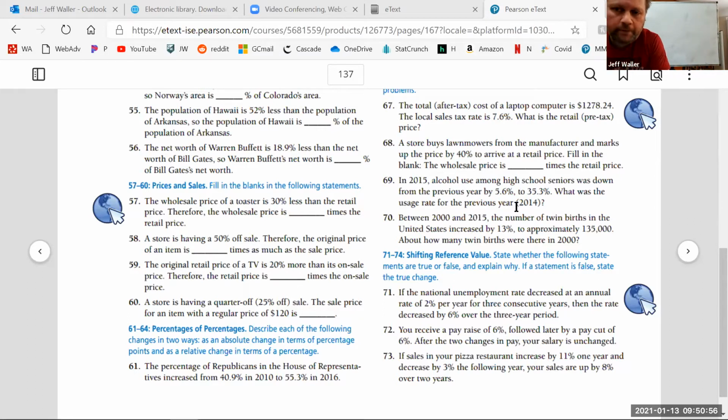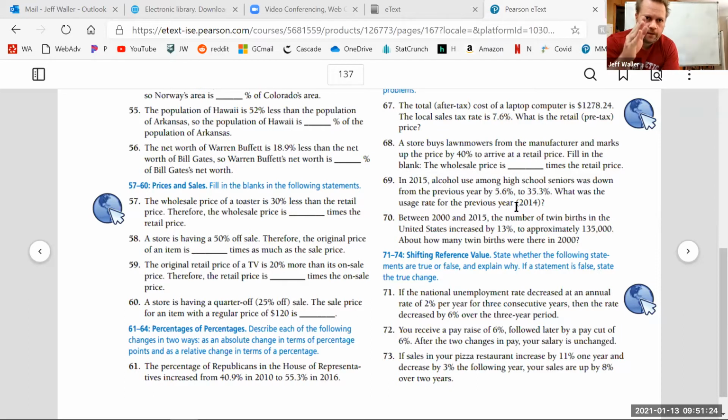Remember when we talked about this? If I go from 3% to 4%, I could say that's an increase of 1 percentage point. Or I can say it changed by 1. It started at 3, so it's 1 divided by 3. It's a 33.3% increase. Let me stop for a minute. You guys remember that?